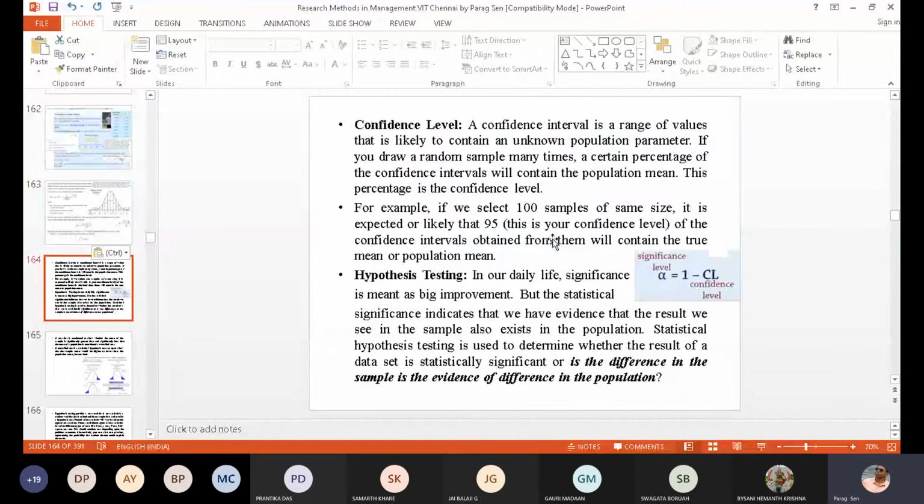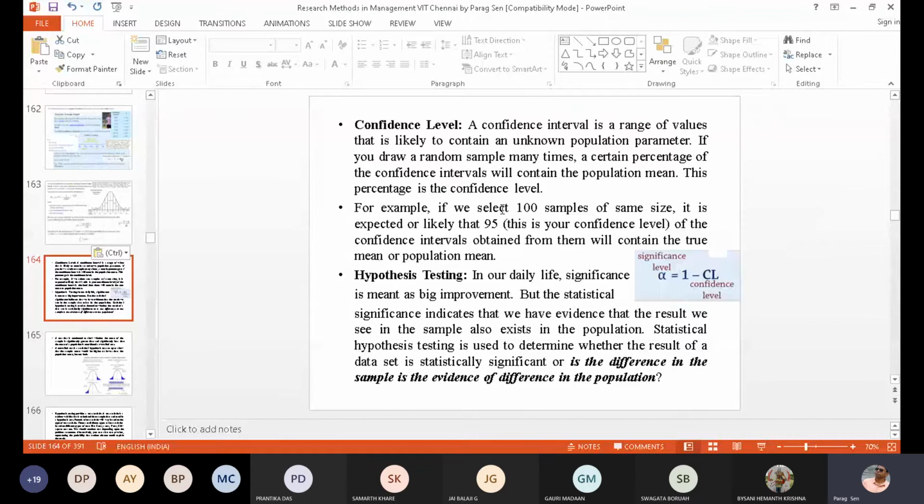Now take a look at the definition of confidence level. A confidence interval is a range of values that is likely to contain an unknown population parameter. If you draw a random sample many times, a certain percentage of the confidence intervals will contain the population mean. This percentage is the confidence level.